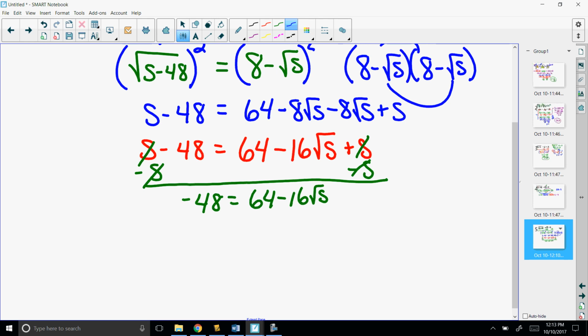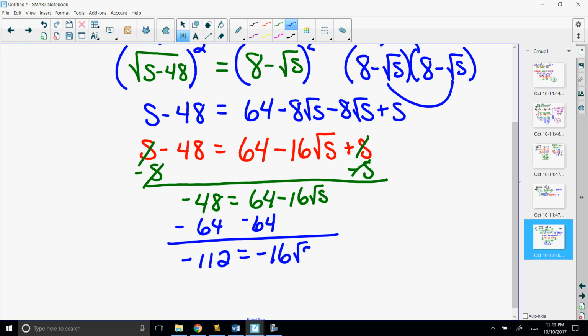You're making it complicated. Subtract 64. Okay, we'll subtract 64 from both sides. Yes, you are correct. You could just flip-flop the sides, which means change the signs. So you're going to end up with negative 112 is equal to negative 16 radical s. Divide both sides by negative 1, which makes it a positive there.